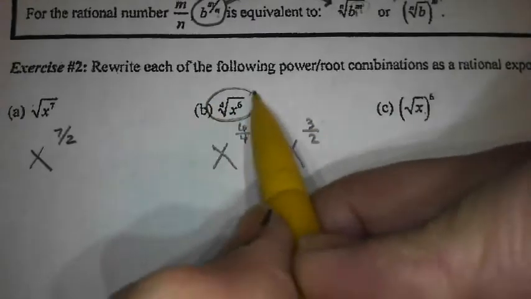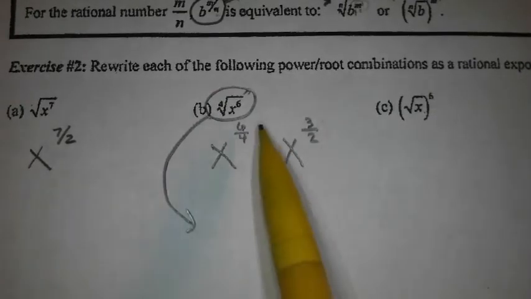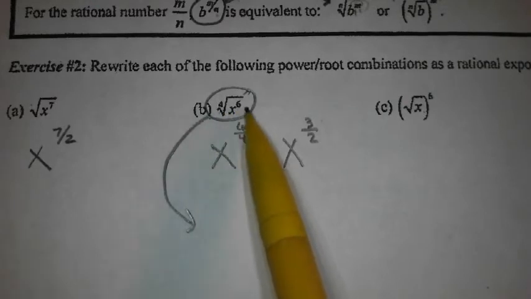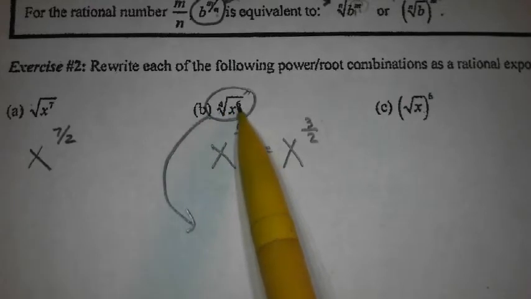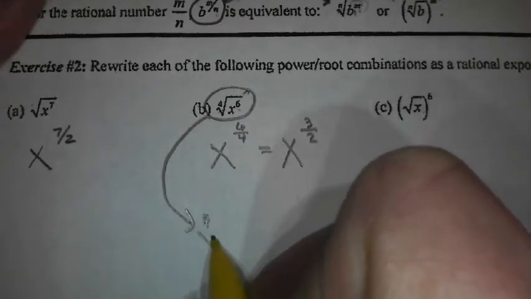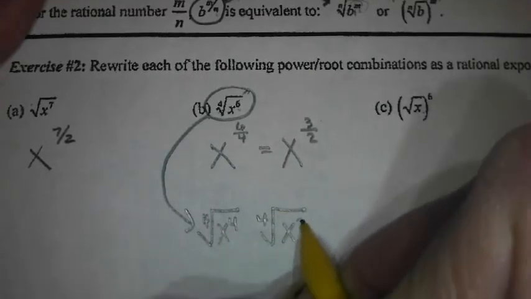For the record, let's pretend we were simplifying a radical. Because we're taking the 4th root, we want that exponent to be divisible by what? 4. So I would break this up into the 4th root of x to the 4th times the 4th root of x squared. Do we follow?